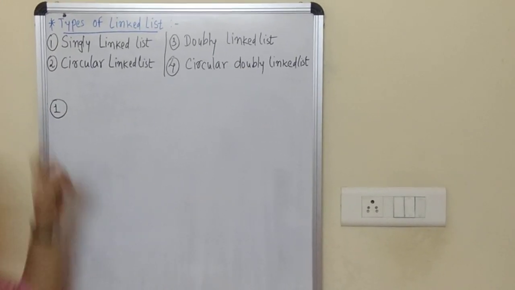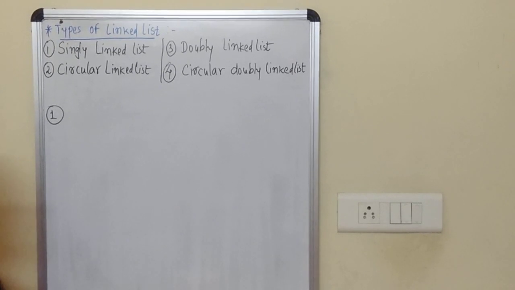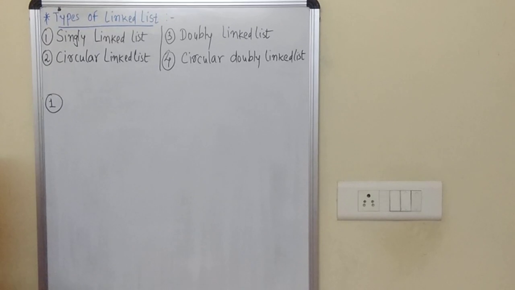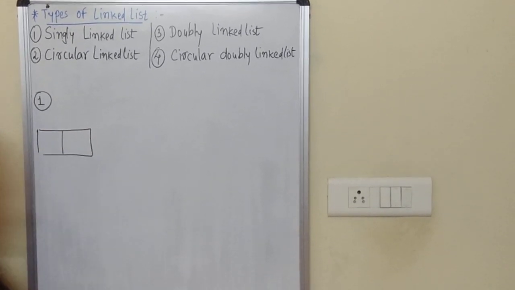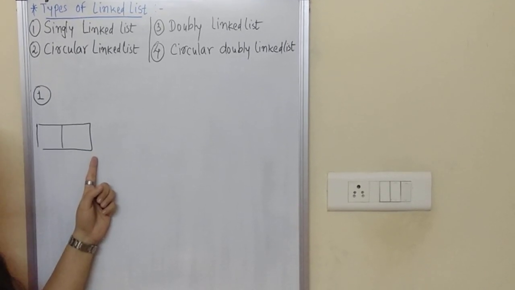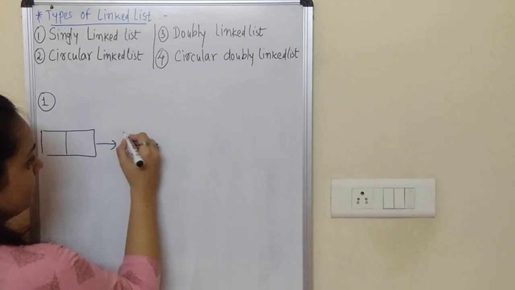So the working of the singly linked list or the structure of the singly linked list is similar to the normal linked list. Like we have one node and it is having two parts. The first is data and the second is the address of the next node. So for example, I am having 3 nodes.